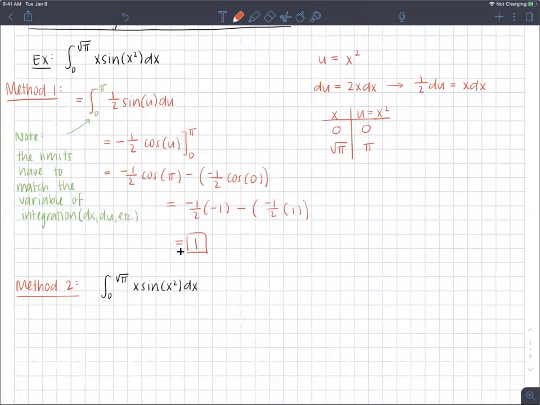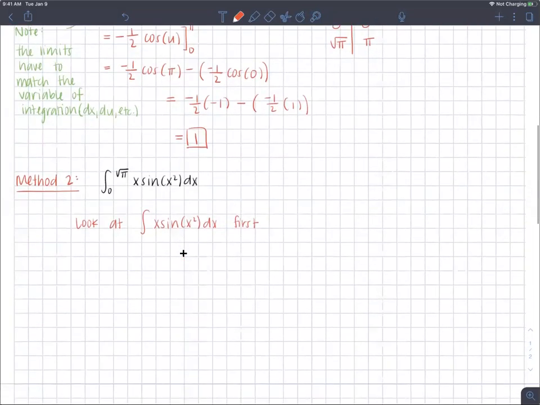But what we're going to do now is look at just the integral of sine of x squared dx first, and then evaluate that at the limits that you have. And then you never have to convert your limits to u. And so you get the same thing. You get that u is equal to x squared, 1/2 du equals x dx. And so here you're getting 1/2 times the integral of sine of u du.